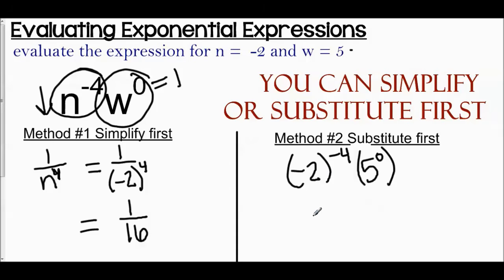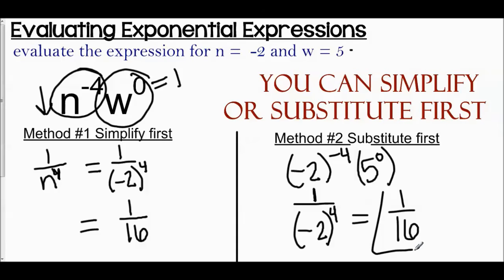So it would be pushed down. So I would have negative 2 to the fourth power on bottom. And what's left on top is 5 to the 0 power, which is equal to 1. So you see how that takes me back to what I had here? I'm still getting to the same ending of 1 over 16. So either way, it doesn't matter, just personal preference of which one you do first.